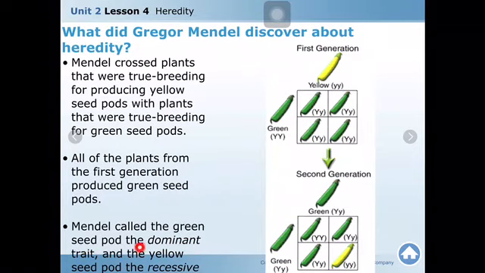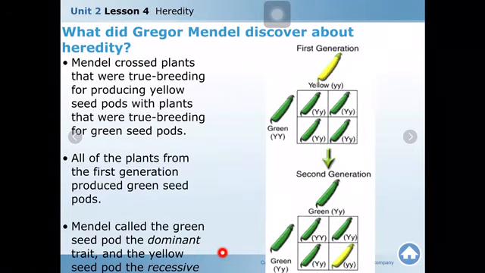Dominant traits are those traits which show their expression on the phenotype, on the body. For example, here, which one is shown mostly? The green one. Why? Because it is dominant. It can eliminate the effect of the yellow color trait, this gene. That's why he called it dominant.